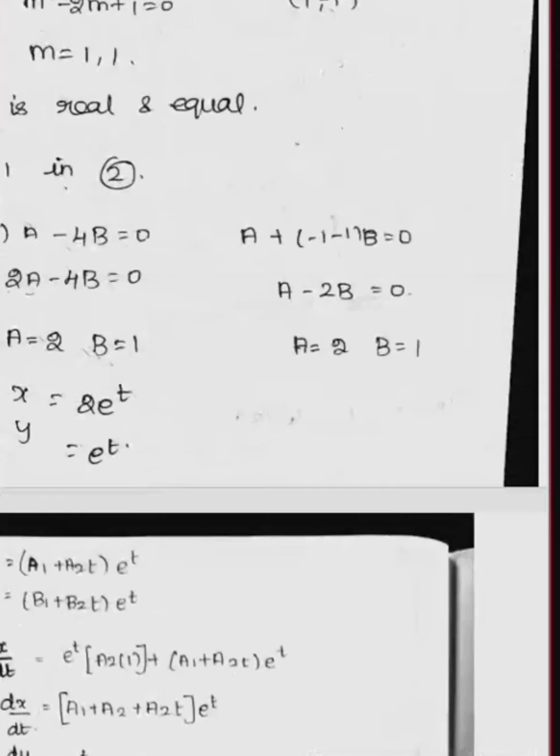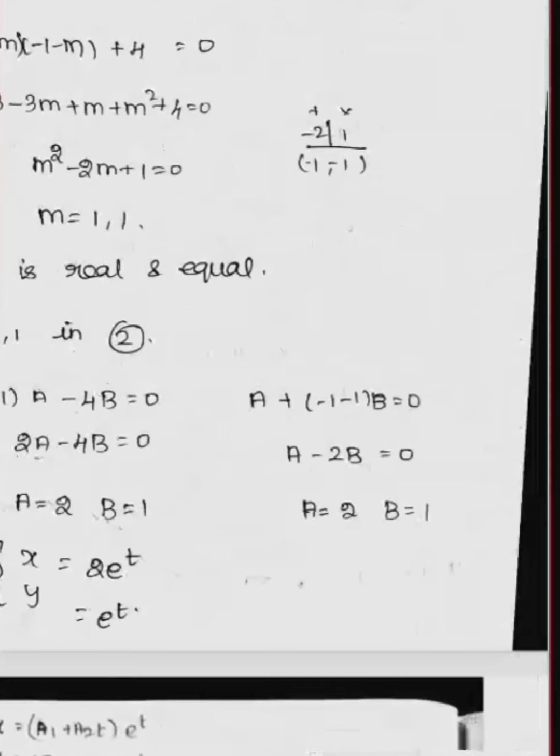The right hand side is 3x minus 4y, and the second equation is x minus y. So for that, 3 times x value is a1 plus a2t into e power t, minus 4 times y value, which is b1 plus b2t into e to the power t. Similarly, x value is a1 plus a2t into e to the power t, minus y value, which is b1 plus b2t into e to the power t.